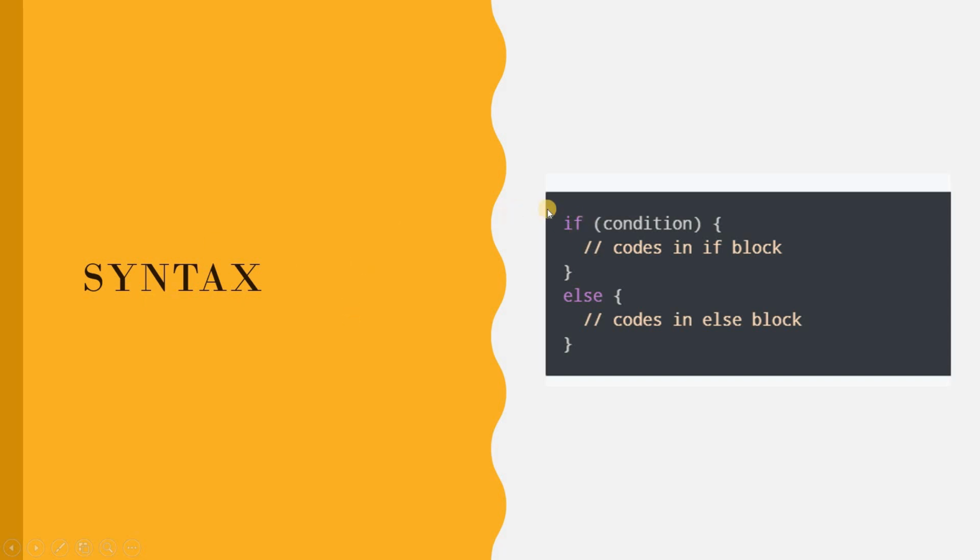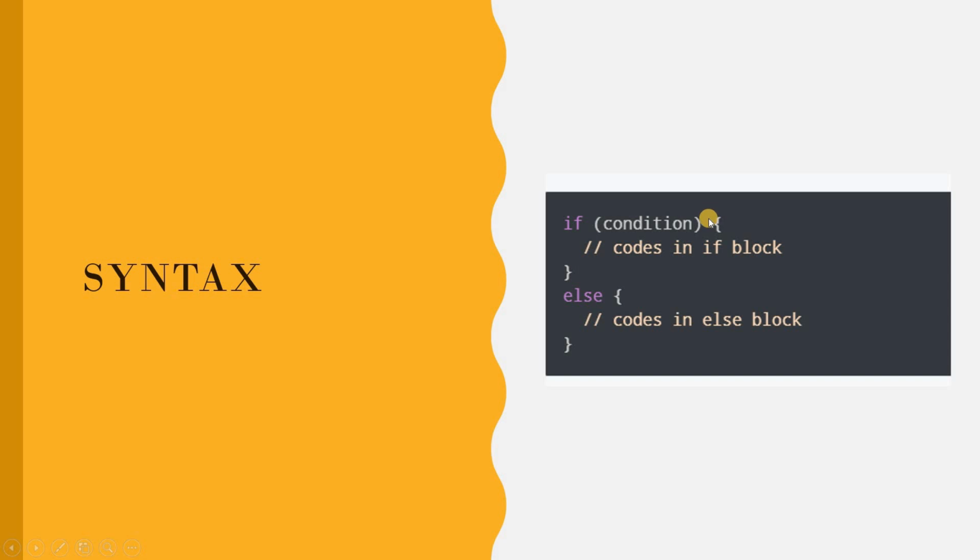In Java, we need to use the Java syntax. If is a keyword, so we can't change that if keyword. We need to spell if. Under this if, we need to use the round bracket, and inside the bracket we pass the condition.